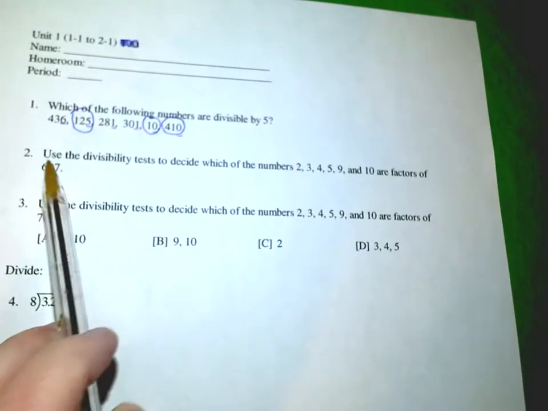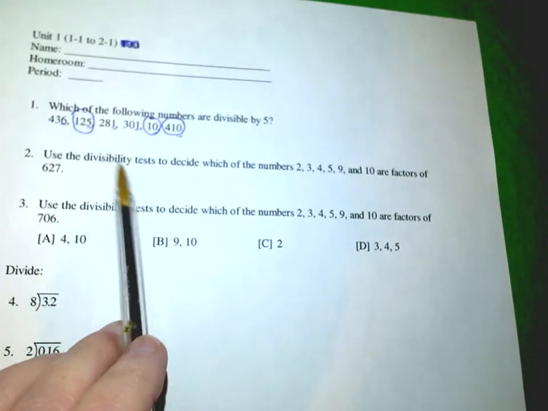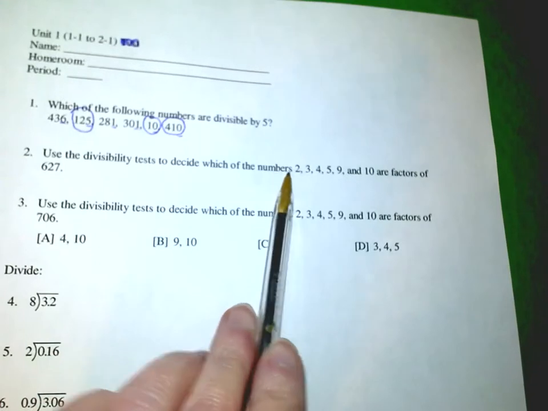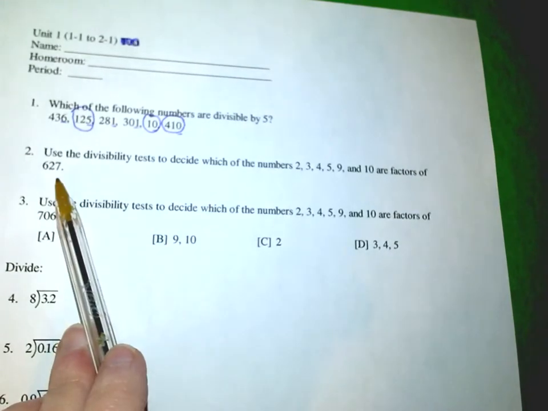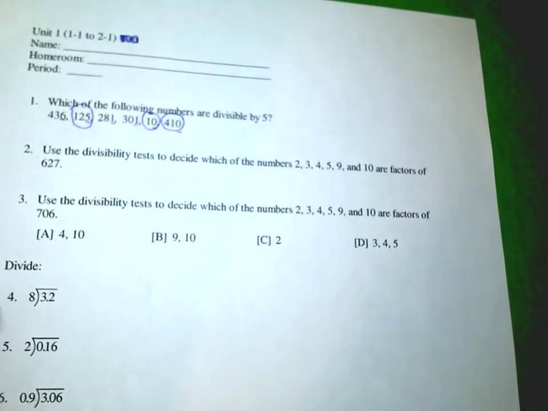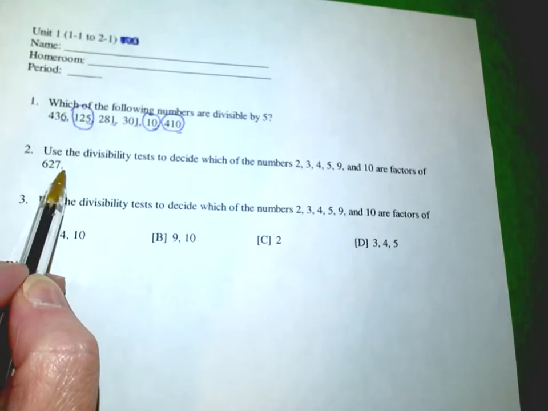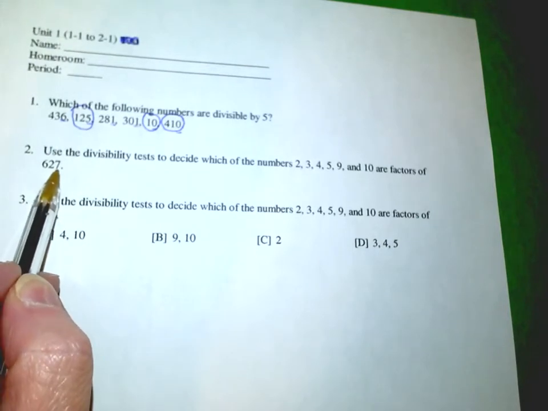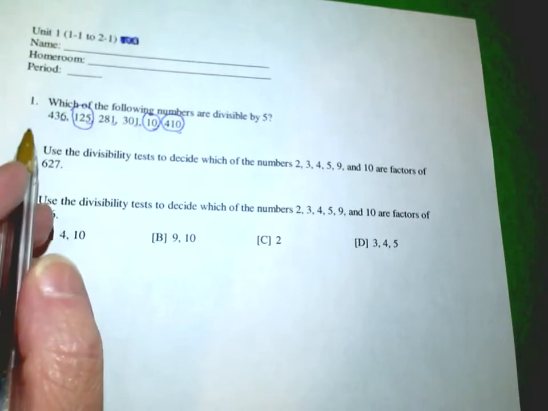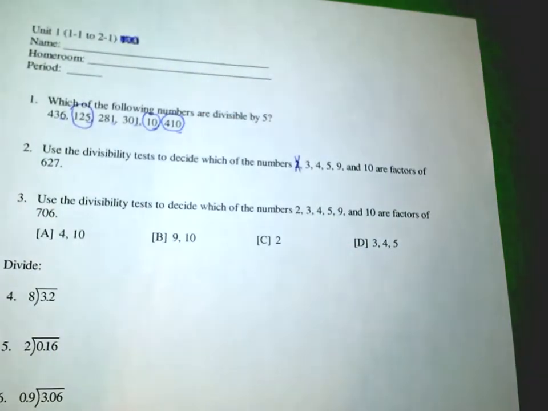Use the divisibility test to decide which of the numbers are factors of 627. If it's even, 2 will go into it. Well, 627, you look in the ones place, 7 is not even, so 2 is out.